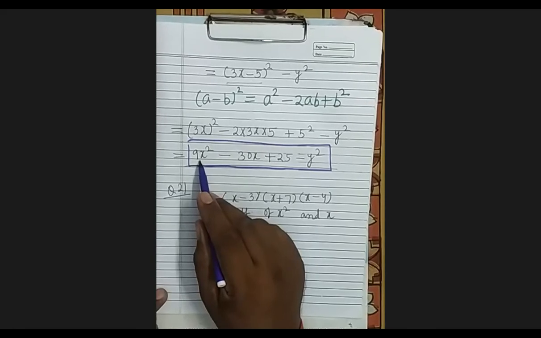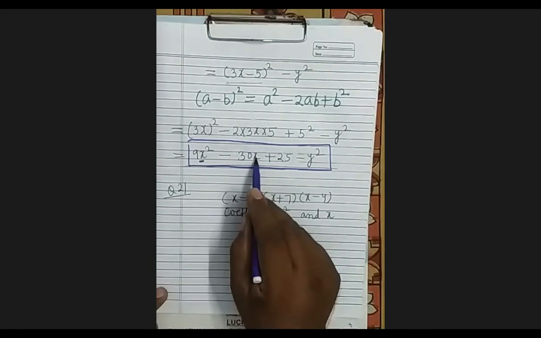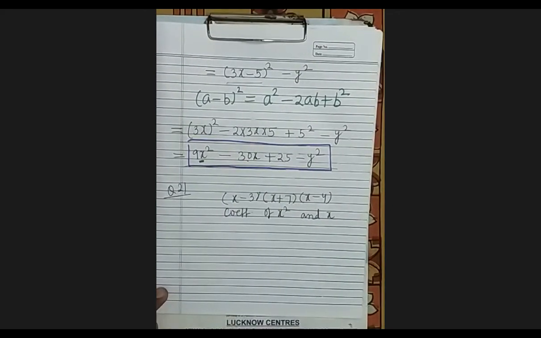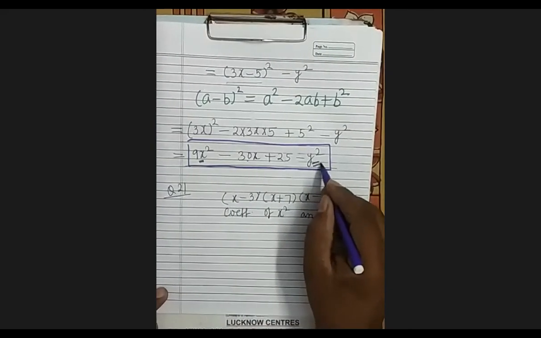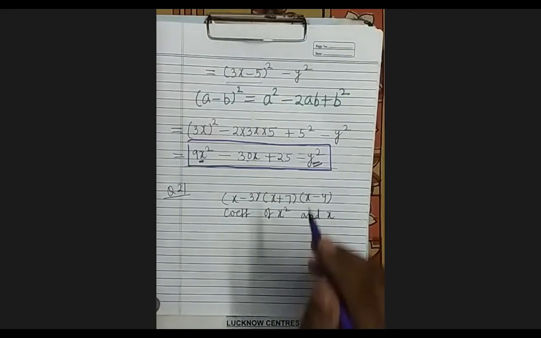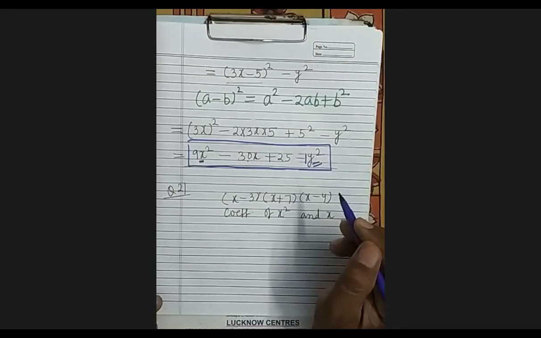So what is the coefficient of x square here? 9. What is the coefficient of x here? Minus 30. Not only 30, it is minus 30. What is the coefficient of y square? Minus 1. When there is no number, it means minus 1.